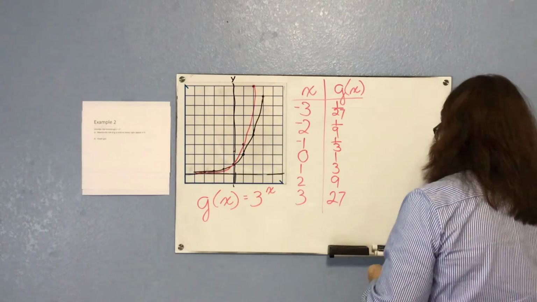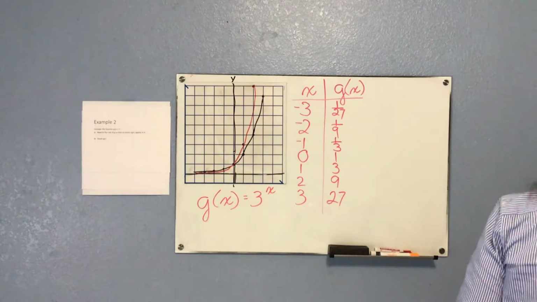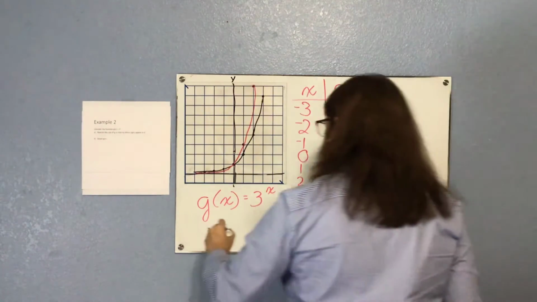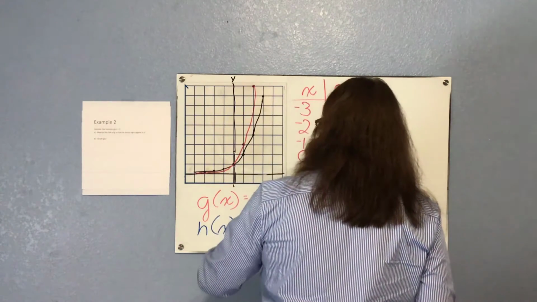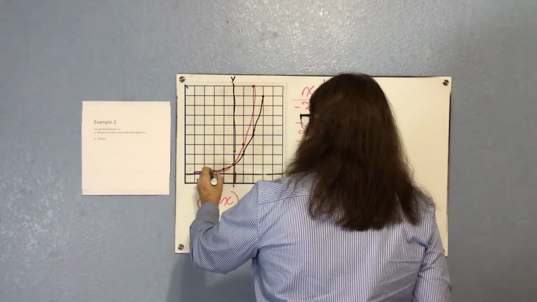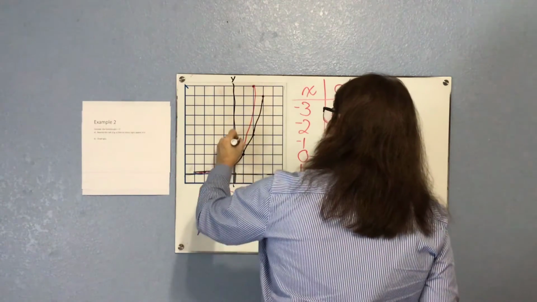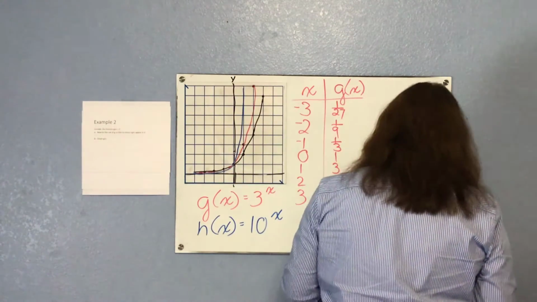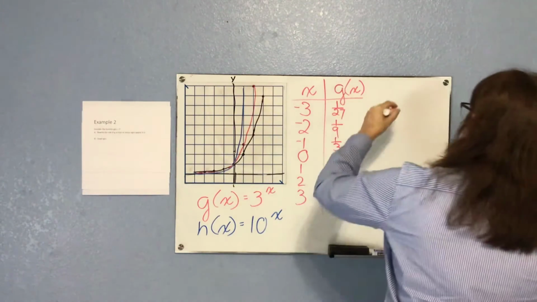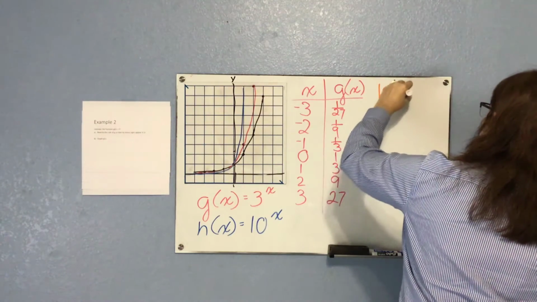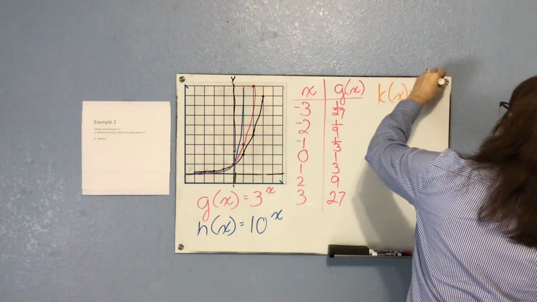And if I were to do some additional graphs, let's say I did h of x equals 10 to the x power. Well, that would start even lower. It still would go through this point, 0, 1, but it would go up even steeper. If I had, let's say k of x was 3 over 2 to the x.